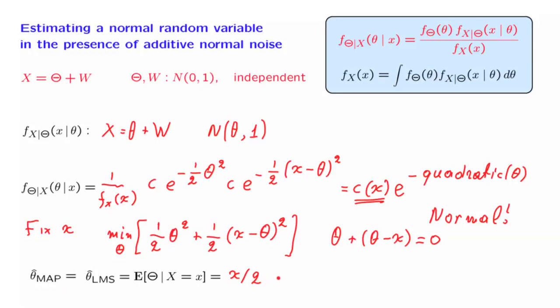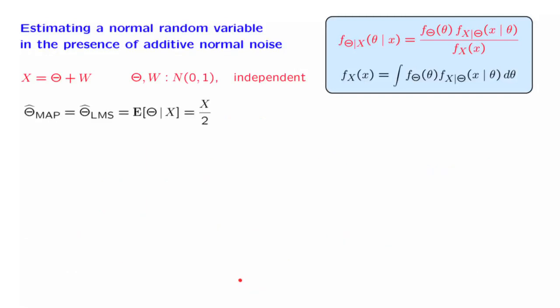If we want to talk about estimators, which are now random variables, what would they be? The estimator is a random variable that takes this value whenever capital X takes the value of little x. Therefore, it's the random variable which is equal to capital X over 2. This is a relation between random variables. This is a corresponding relation between numbers if you're given a specific value for little x.